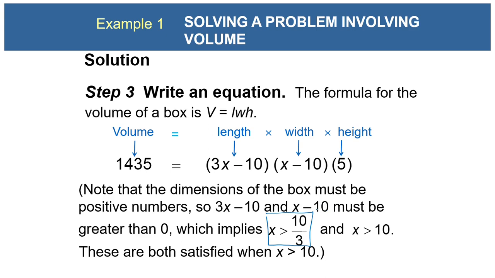And here, x must also be greater than 10, otherwise this expression x minus 10 would be negative, and you can't have a negative length or width. And so these are both satisfied when x is greater than 10. If x is greater than 10, the length has to be a positive number, and the width has to also be a positive number.